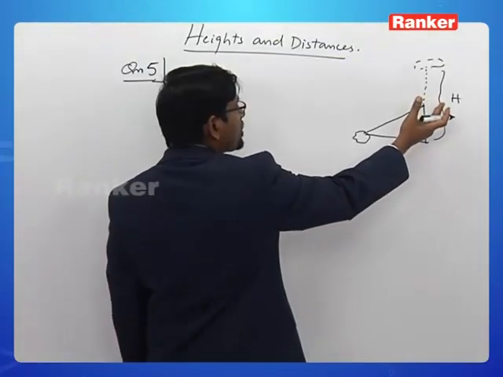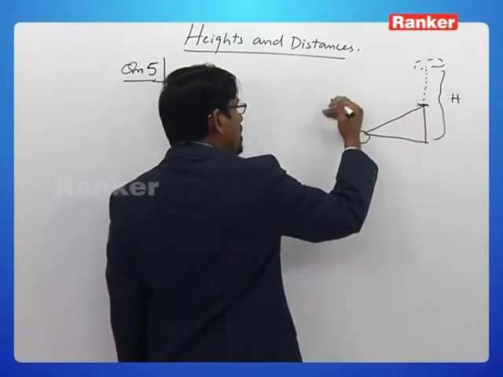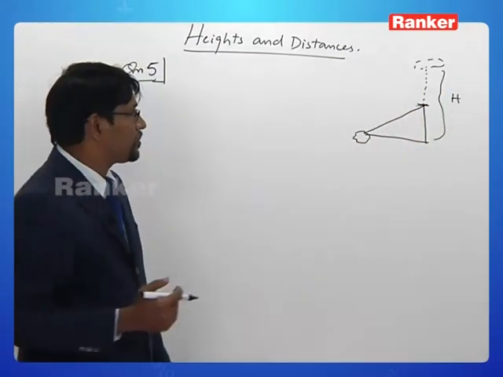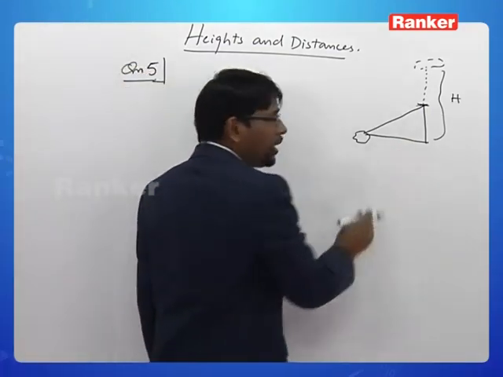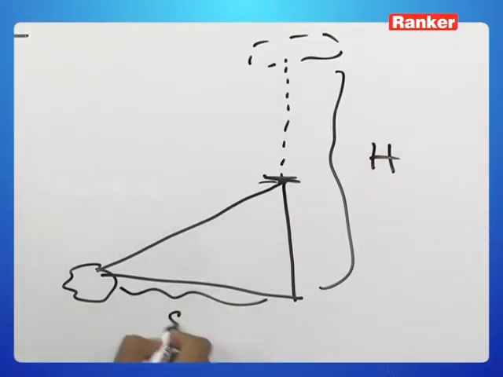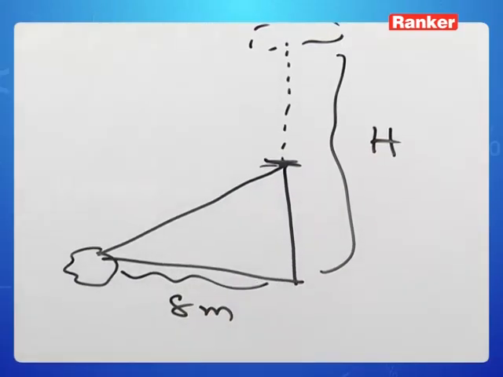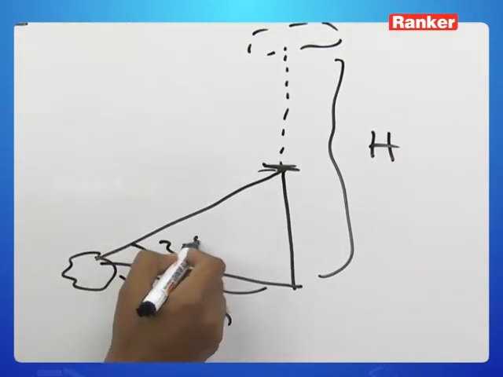After the storm, it has been broken at this point and this portion has come down. Let us say this length here he has given to be 8 meters. And he says this angle is 30 degrees.